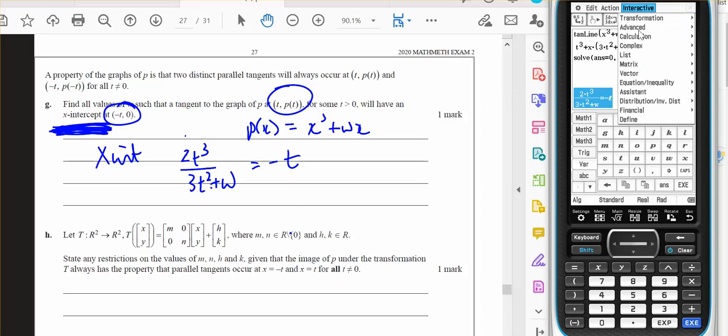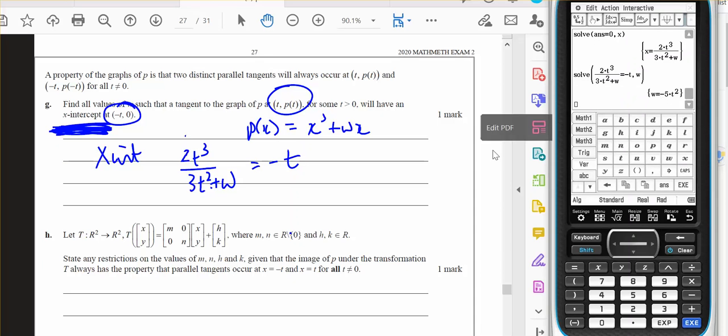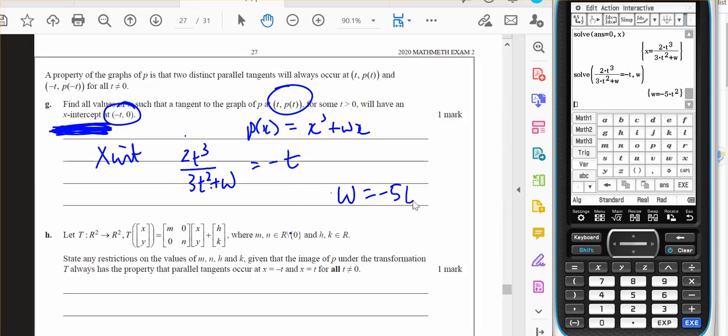So I solve for w, and I get w equals minus 5t squared, which gives the values of w in terms of t.